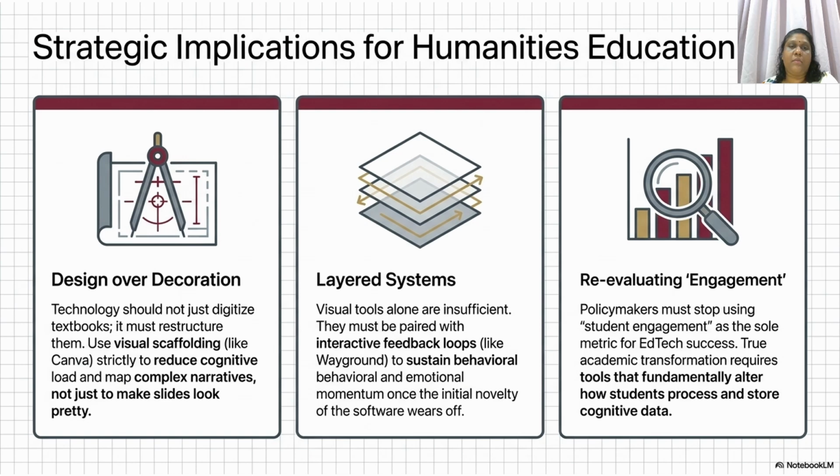Strategic implications for humanized education. The first one is design over digitization. Technology should not digitalize the textbook; it must be restructured. Use visual scaffolding like Canva strictly to reduce cognitive load and map complex narratives, not just to make slides look pretty.